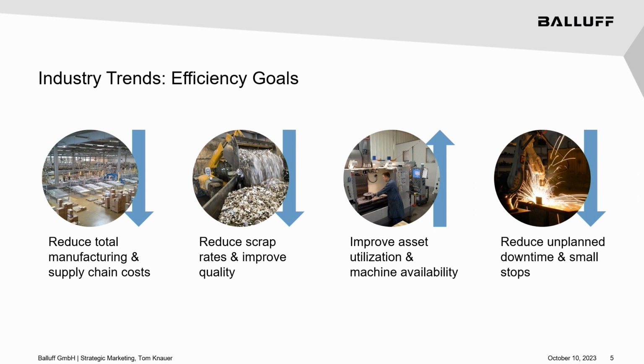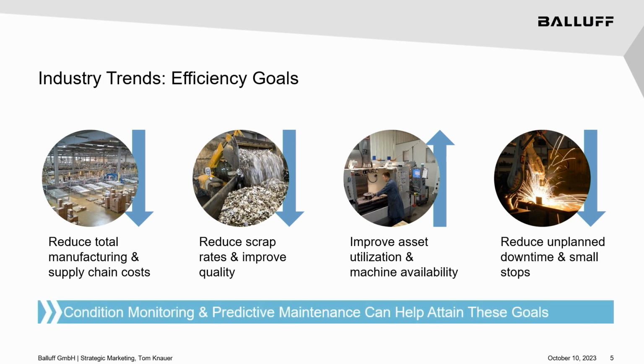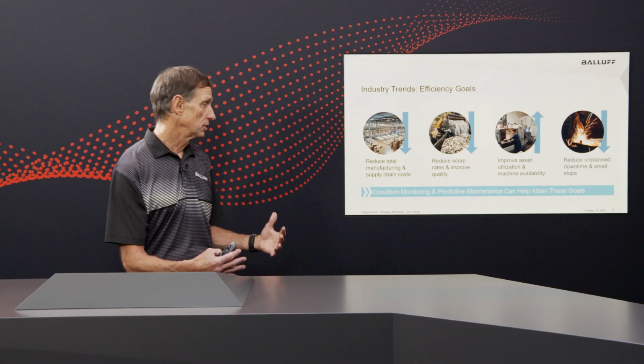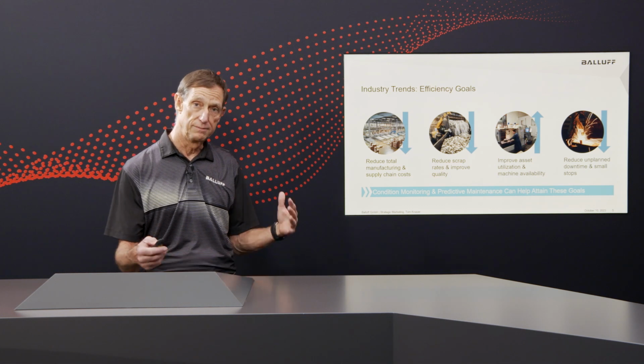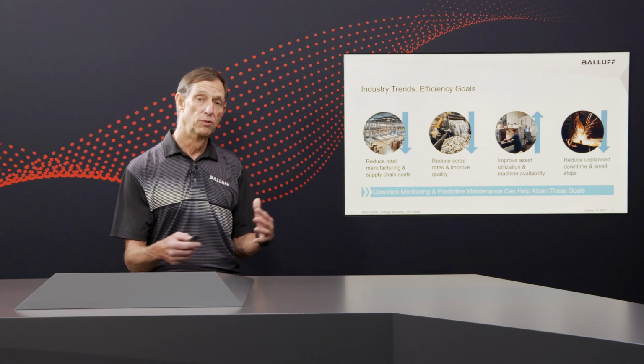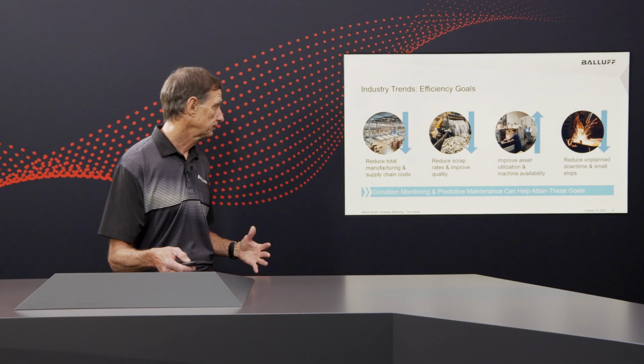As I mentioned before, a total focus on reduction of costs, improved quality, overall equipment effectiveness, reducing unplanned downtime and small stops. By addressing condition monitoring and predictive maintenance, customers can start to help attain these goals and again, move towards a more efficient, more cost-effective factory.